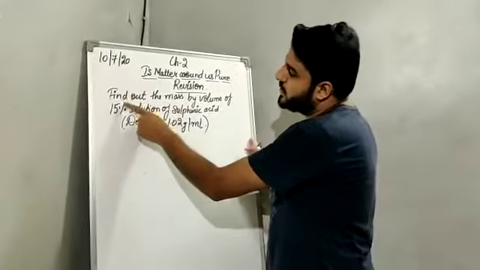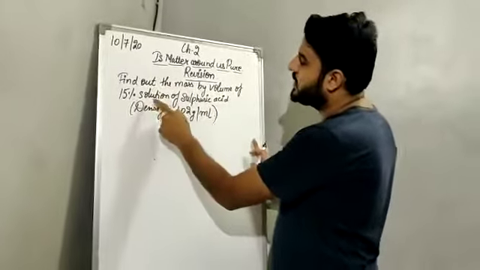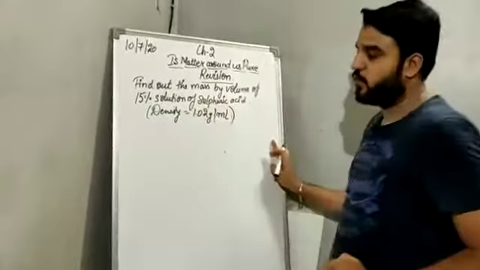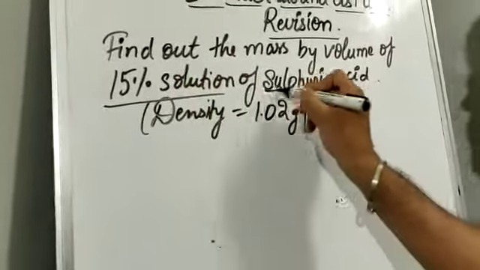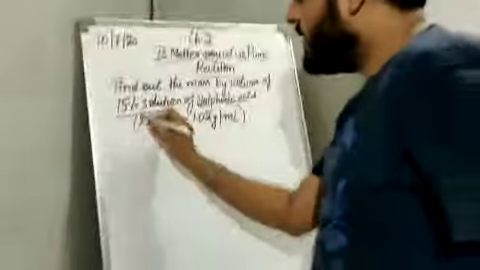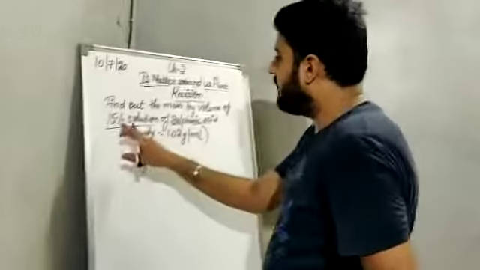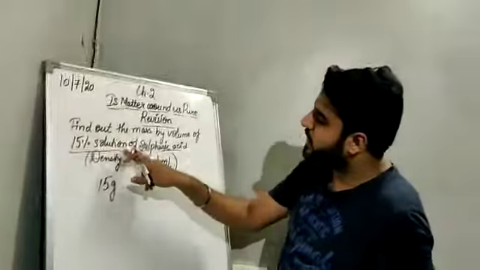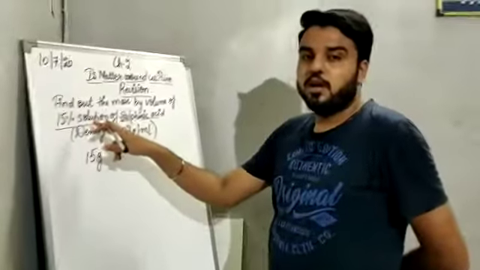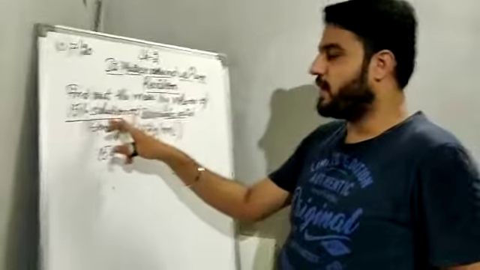So the question is, find out the mass by volume of 15% solution of sulfuric acid. In this case you are given a 15% solution of sulfuric acid. So what does it mean? Read it very carefully: the 15% solution is given as mass by mass percent.